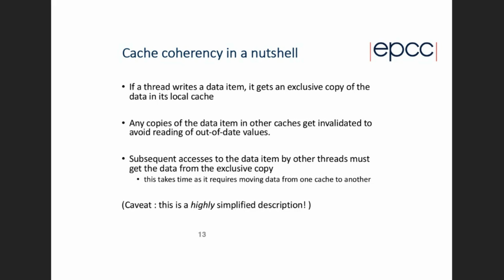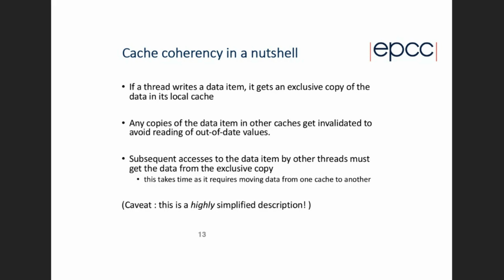So then subsequent accesses to that data item by other threads have to get the data from the exclusive copy somehow. Okay, and that takes time because it essentially requires moving data from one cache to another. And cache-to-cache transfers are also expensive. It depends on the hardware, but very roughly speaking, the cost of moving data between caches is roughly the same as accessing the cache or memory at the next level down.